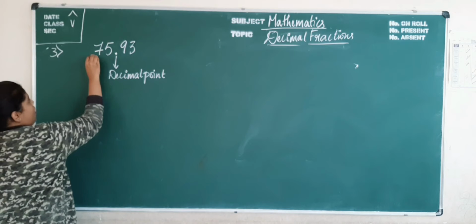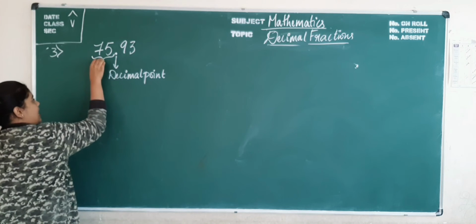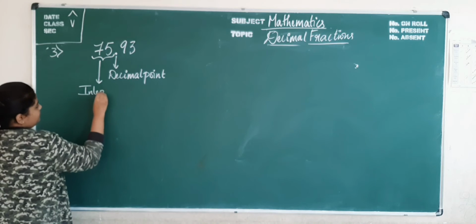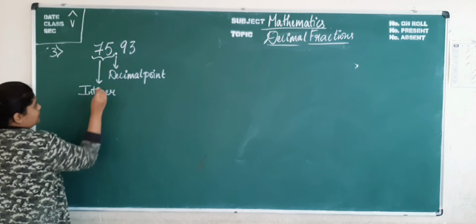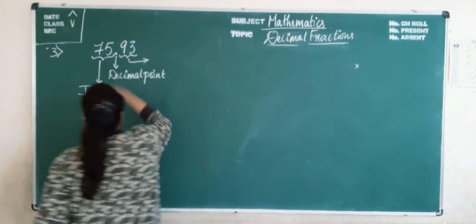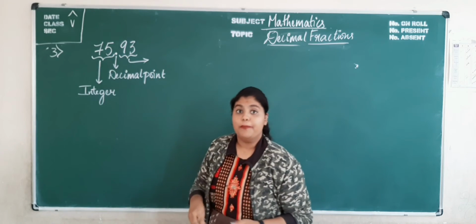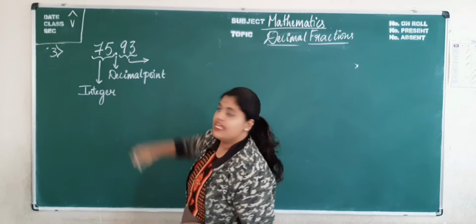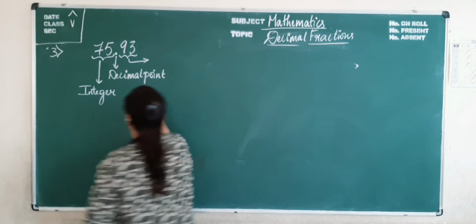If I take only 75, I can tell it as an integer. If I see 93, this is the decimal part. So this is the integer part and this is the decimal part.